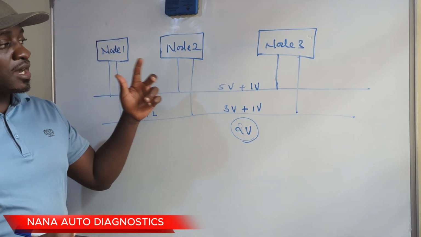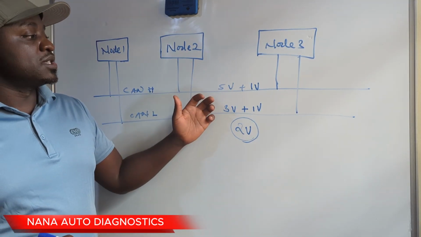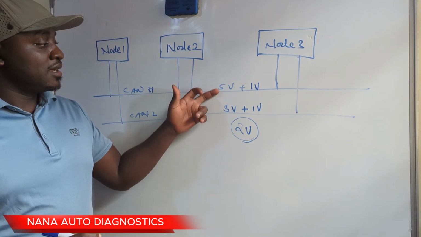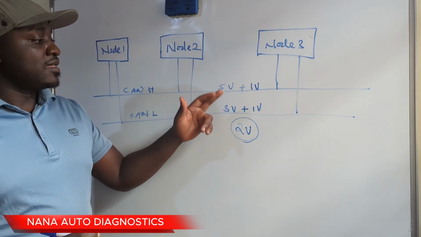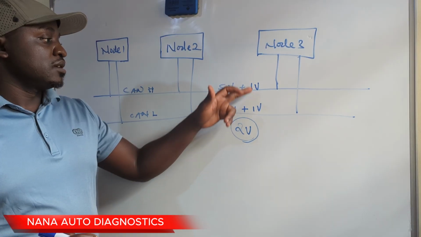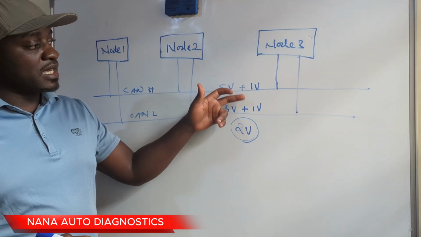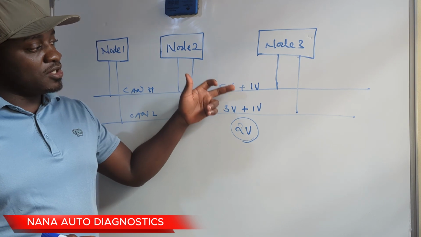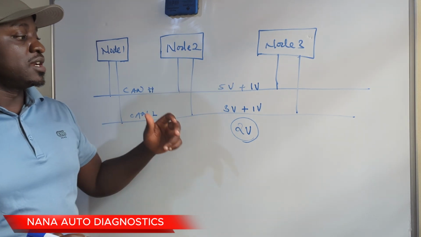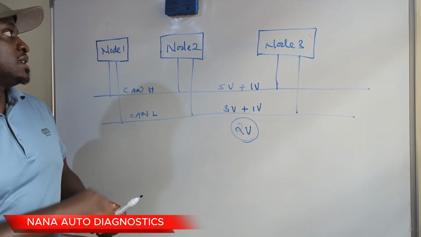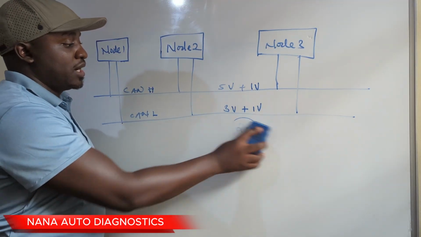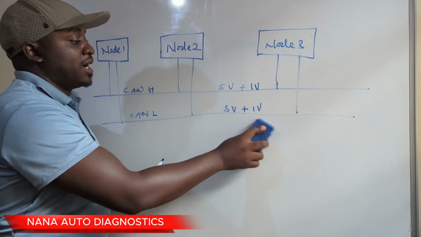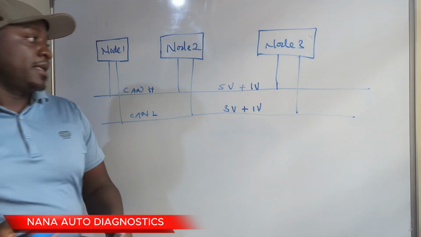So in case we encounter any electrical noise on either wire, that will be cancelled out, because we are transmitting the difference, not the voltages on the individual wires. So that is why this communication network is relatively noise tolerant as compared to other networks.